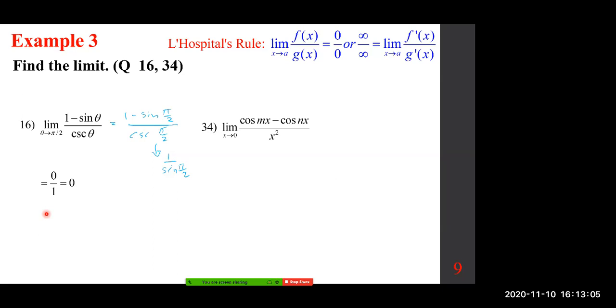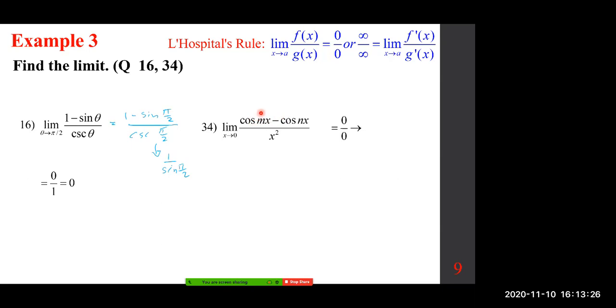In this case, if you plug in 0, both of them are cosine at top, becomes 0/0. Cosine of 0 is 1, remember that, okay? 1 minus 1. And so you do L'Hopital's rule. So let's differentiate the top.